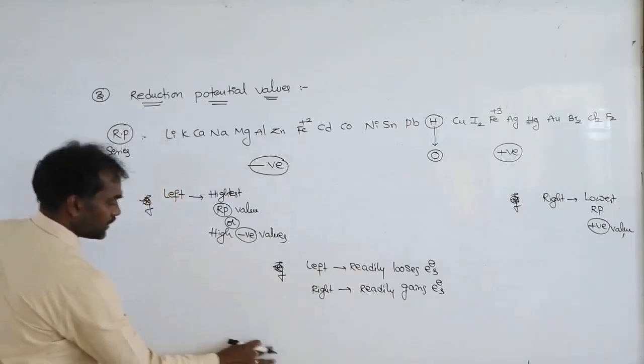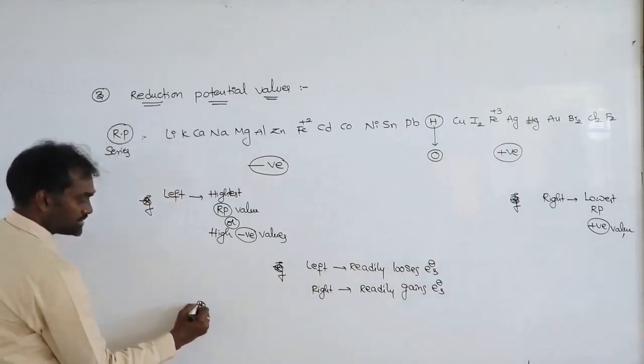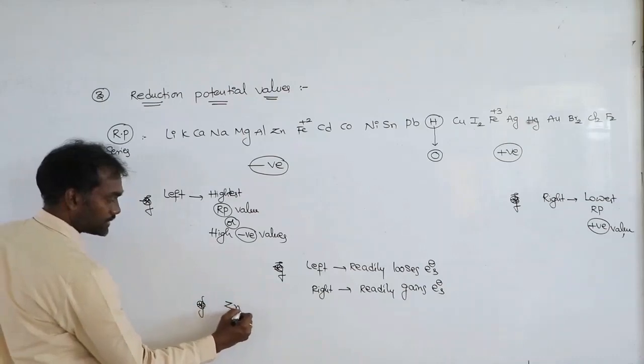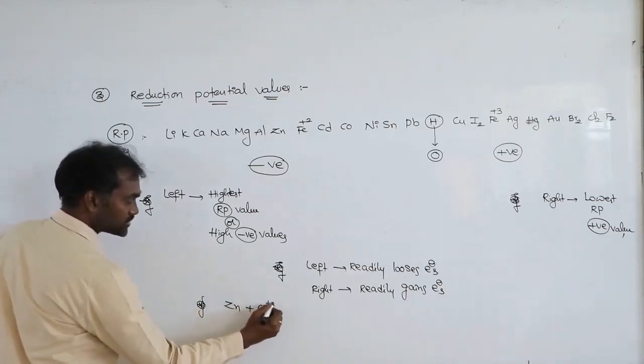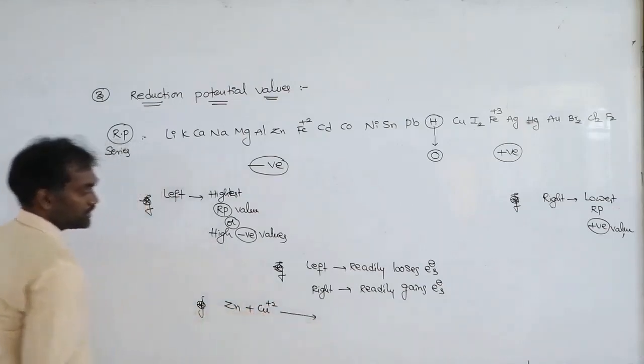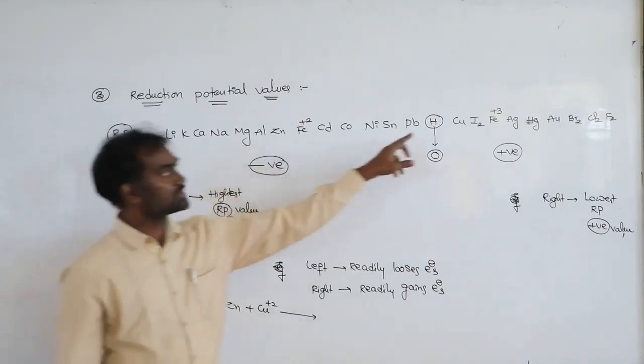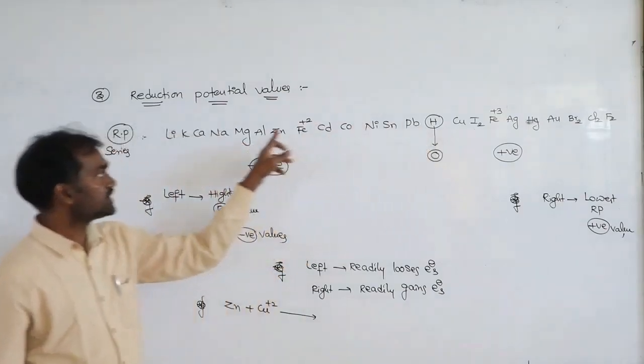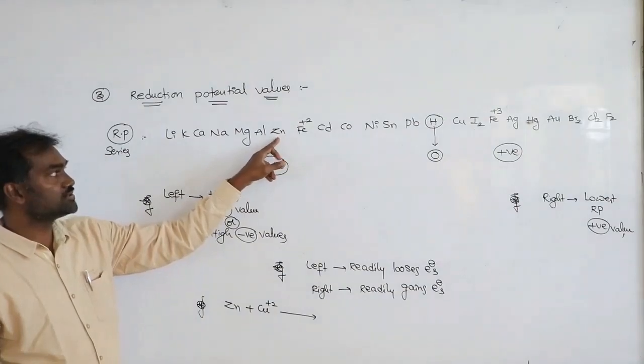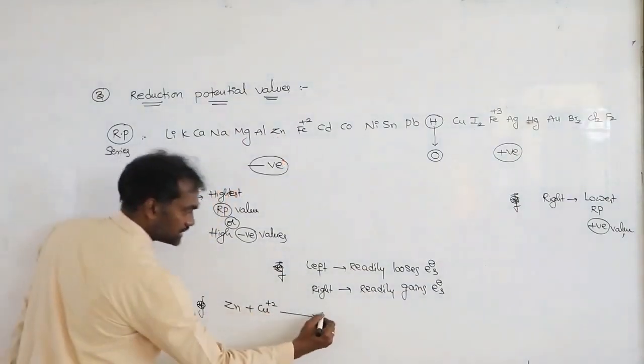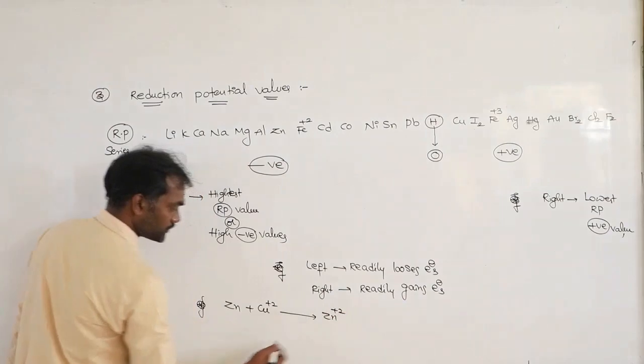For example, take zinc and Cu plus 2. Zinc is there, copper is there. What happens? The left side loses electrons. Zinc loses electrons, so zinc becomes Zn plus 2.